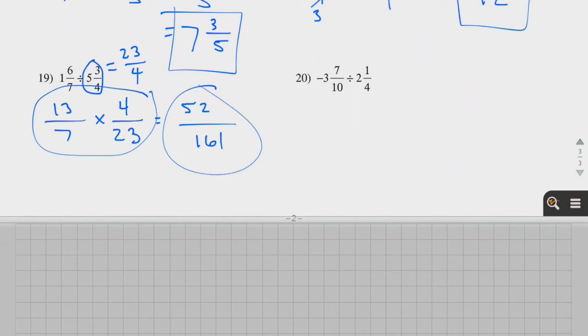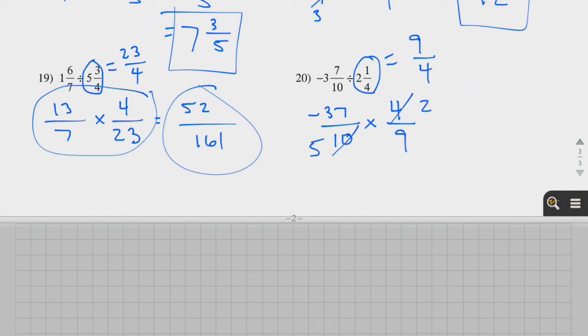Okay, number 20. Negative 3 7/10 divided by 2 1/4. So let's go ahead and rewrite this as 10 times 3 is 30, plus 7 is 37, so we get negative 37 over 10. 2 1/4 can be rewritten as 4 times 2 is 8, plus 1 is 9 over 4, multiplied by the reciprocal, so it's 4 over 9. 4 and the 10 reduce, they both have a factor of 2. 2 goes into 4 2 times, 2 goes into 10 5 times, and that's all we can do right now.